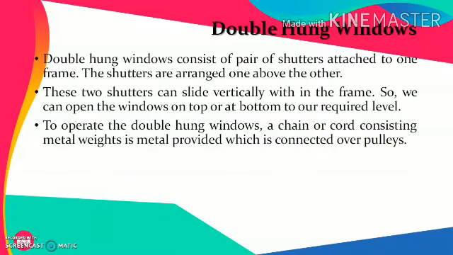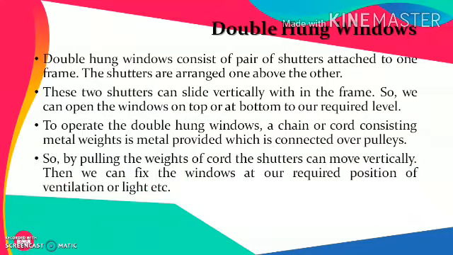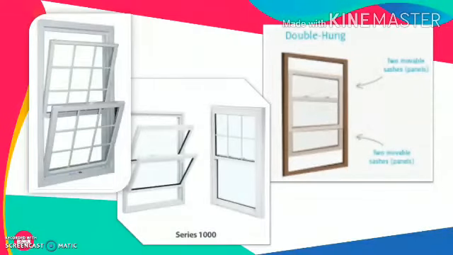To operate the double hung windows, a chain or a cord with a metal weight is provided, which is connected over a pulley. So by pulling the weights or cords, the shutter can move vertically. Then we can fix the window at our required position for ventilation or light, as per our requirement. These are the views of different types of hung windows.